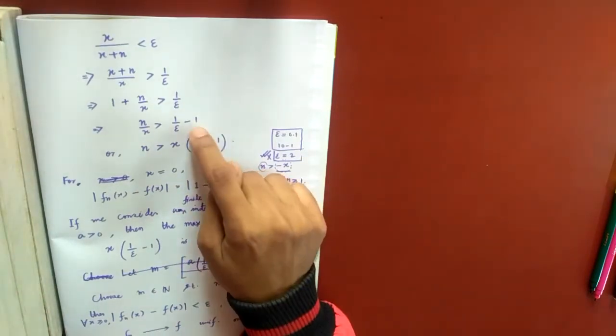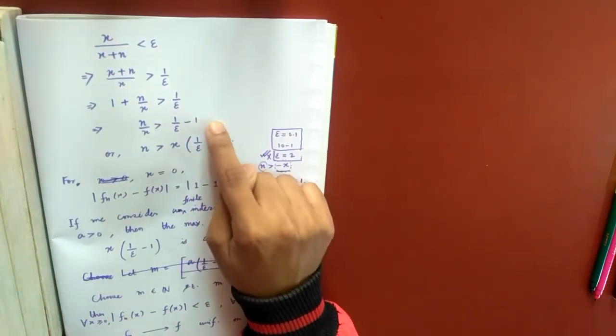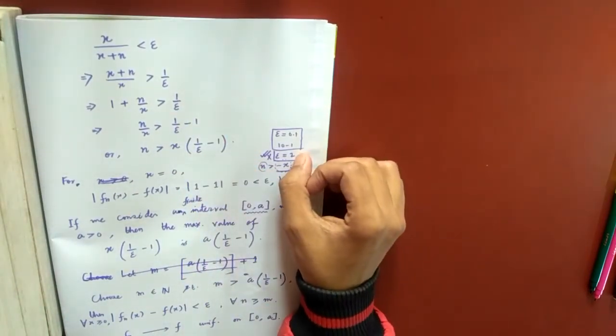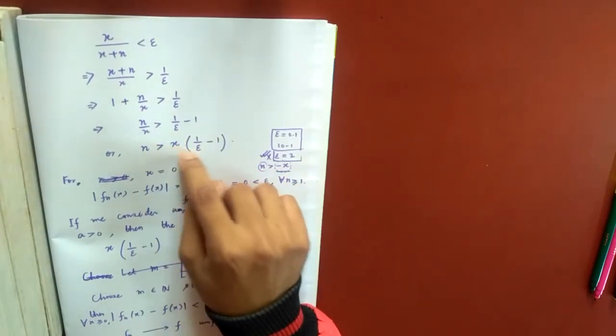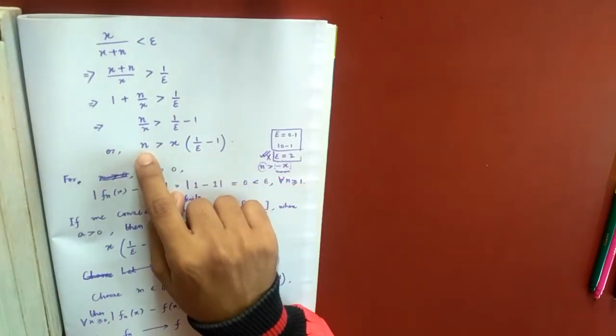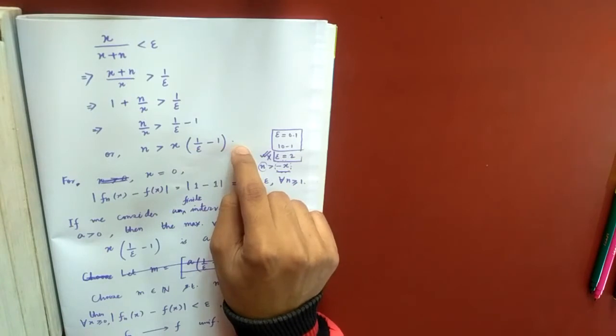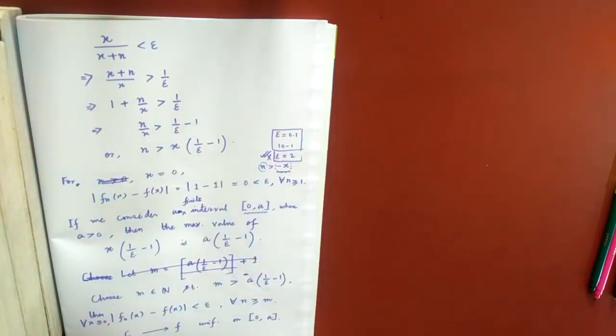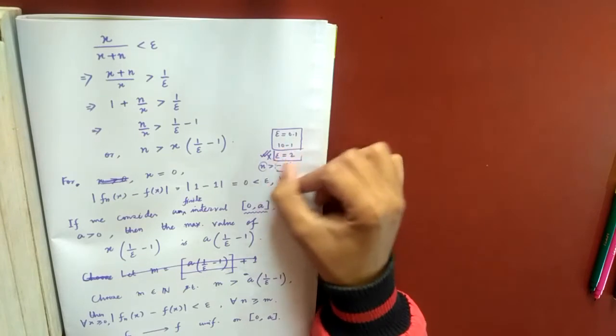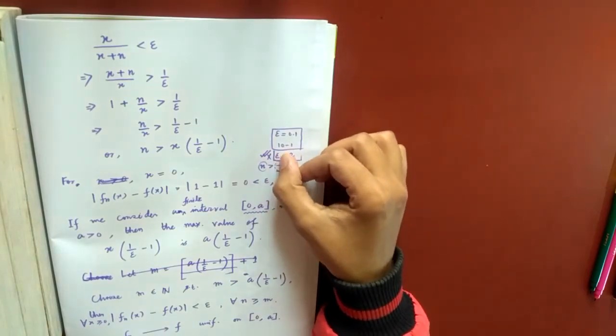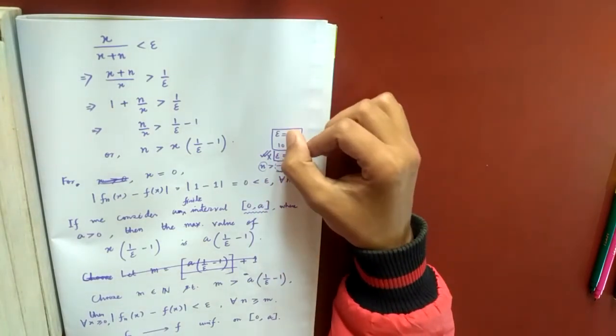See, if this quantity is negative, like suppose if you are choosing epsilon as 2, then this quantity is negative. In that case, for n greater than a negative number, any natural number will work, right? Because every natural number is more than a negative number. So that is the reason we are not interested in this case, because this case is very trivial. We are interested in the case where epsilon is very close to 0.